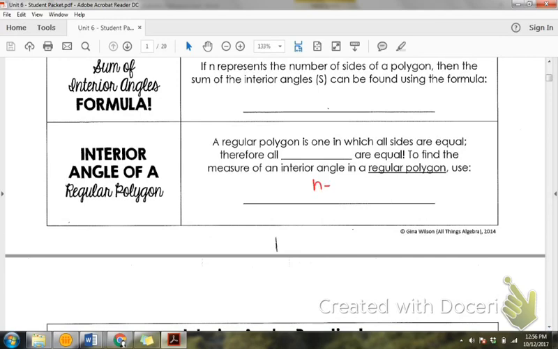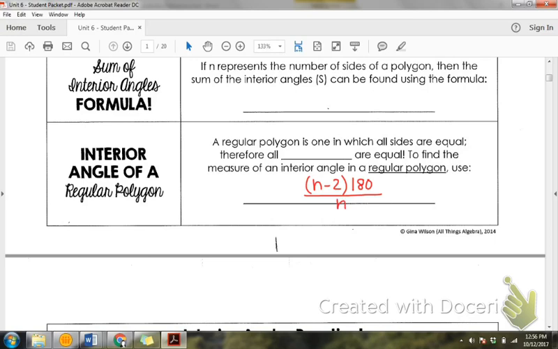We're going to do n minus 2 times 180 because that gave us the total, right? N minus 2 times 180 gives me the total. And then what did I say I needed to do with that number? Divide by the number of sides. And what variable have we been using that gives us the number of sides? N. So we're going to divide this by n.